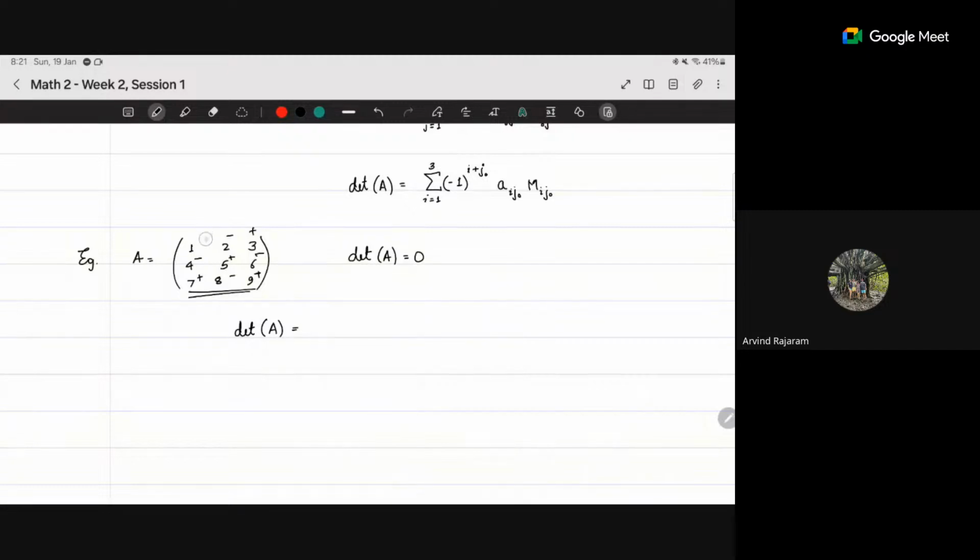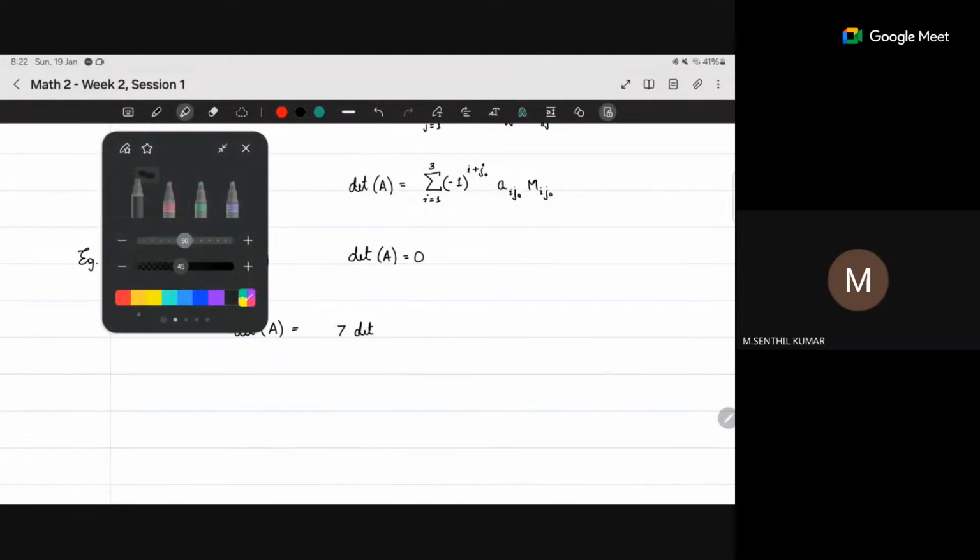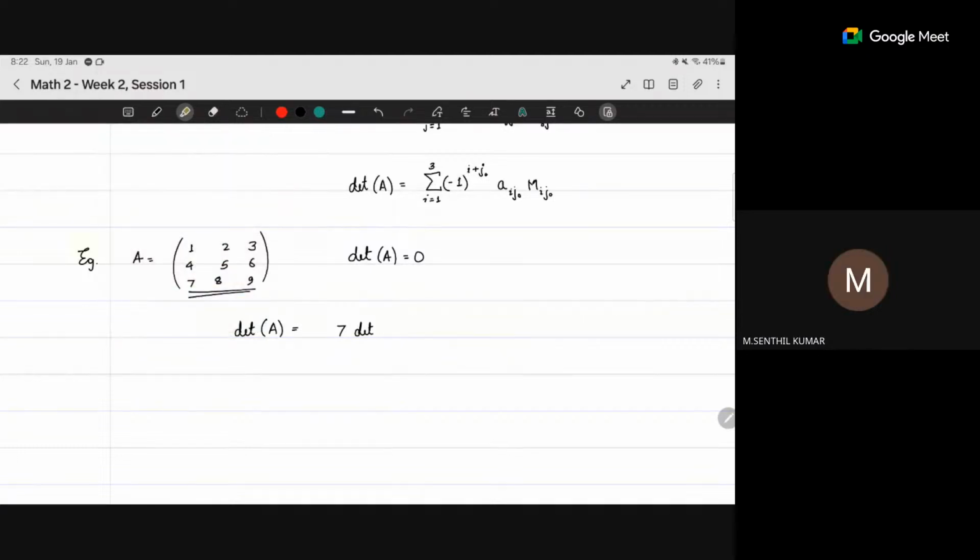So if I'm doing it along the third row, how do I follow the procedure? I write it as 7 times the determinant of 2, 3, 5, 6. Let's do it quickly. 2, 3, 5, 6 is 12 minus 15.